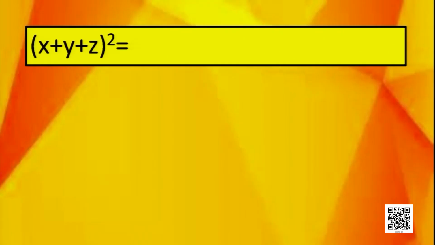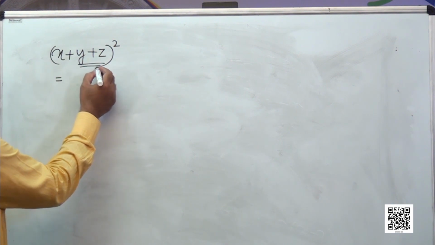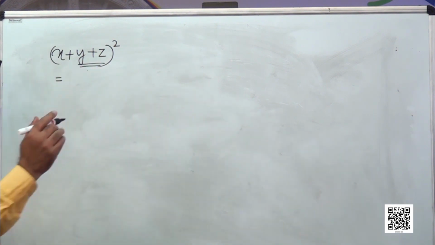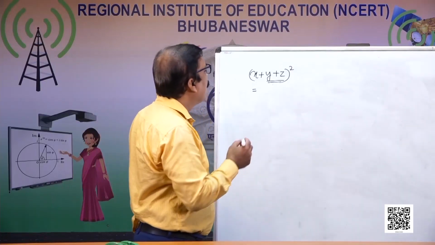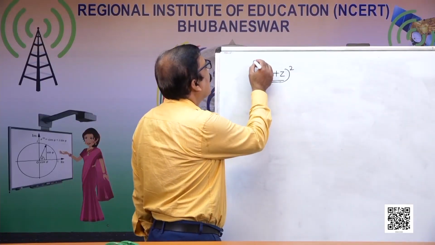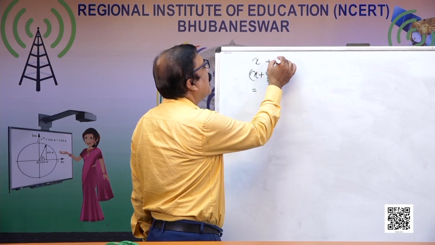(x plus y plus z) whole square. To get this, let's start with its whole square. Let's consider y plus z as one variable. Then we have, say, x plus m.